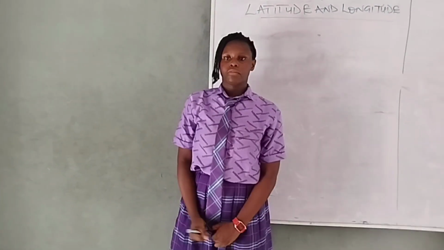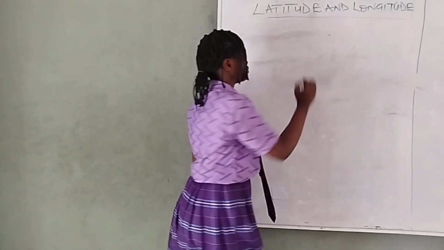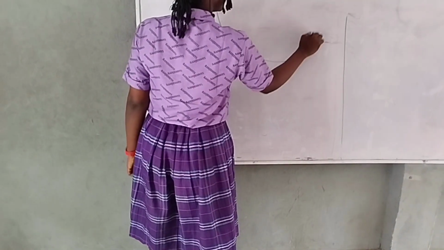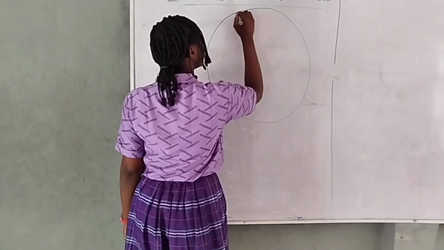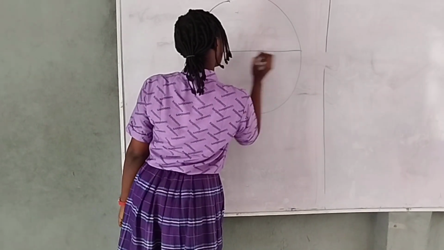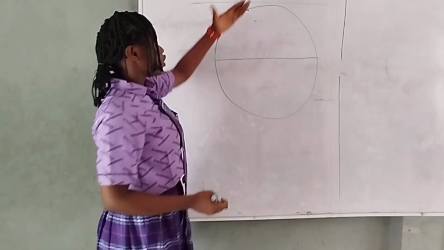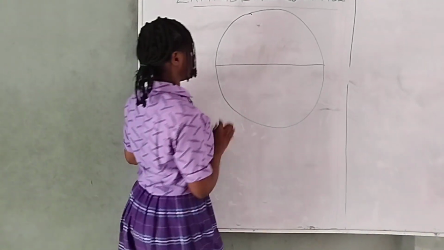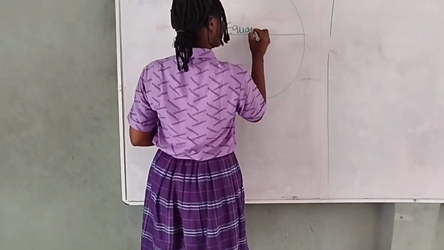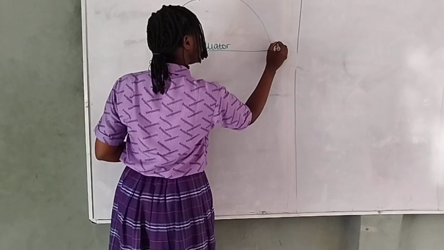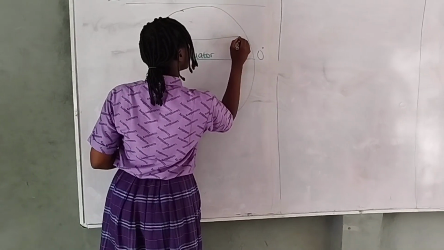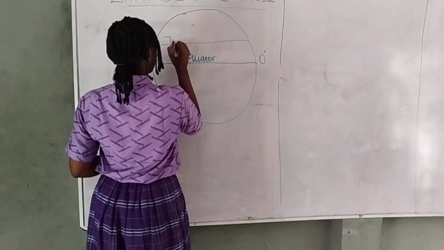Now, let's talk about lines of latitude. This is the equator. It divides the North Pole from the South Pole. It has an inclined angle of 0 degrees. Then we have the Tropic of Cancer.